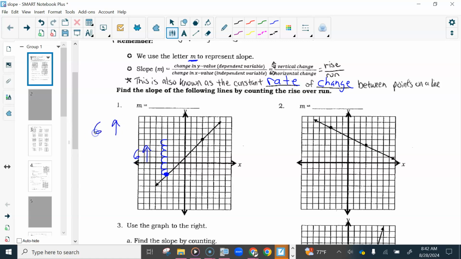Going up 6. And then I have to find that other point by finding my run, or my horizontal change: 2, 3, 4, 5, 6. So I'd be going up 6 and to the right 6, which would be 6 over 6, which would simplify to be what? 1.